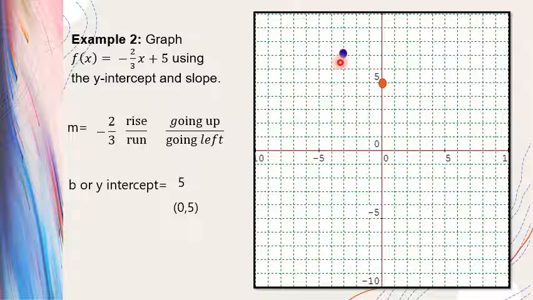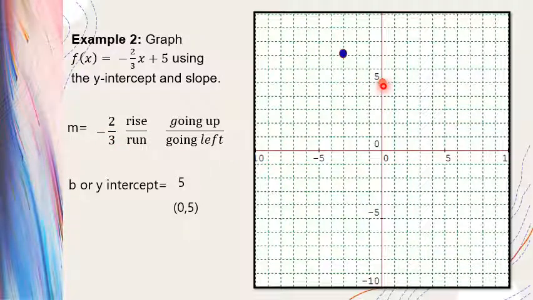So that's the point. So I showed you how to interchange the signs. If you put the negative on the rise, then that's going down, and the 3 is going right.